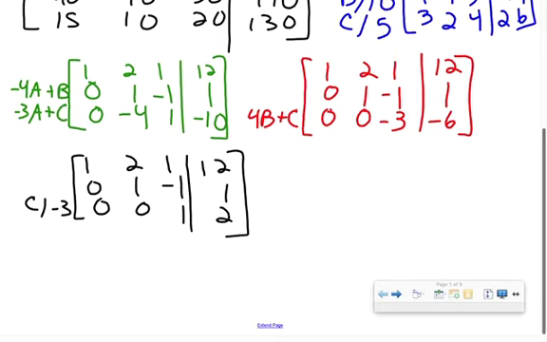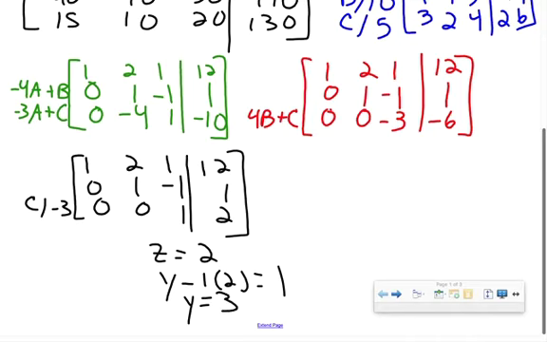So now I'm able to see that my z value is 2. So y minus 1 times 2 is 1. That means y minus 2 is 1. So y is 3.